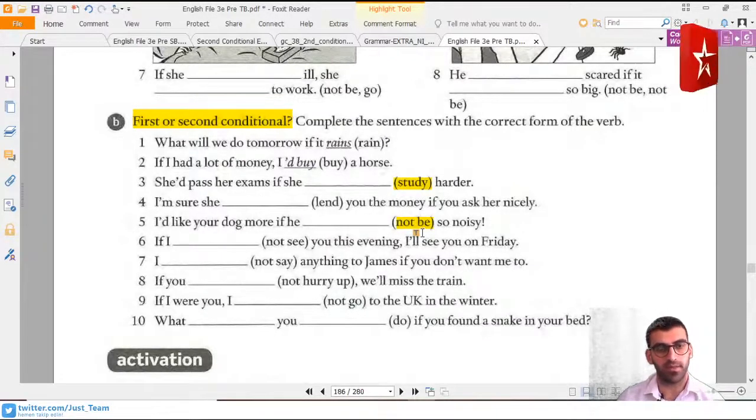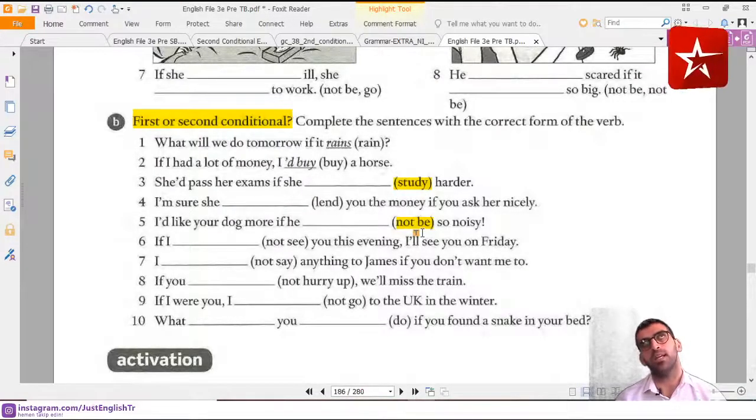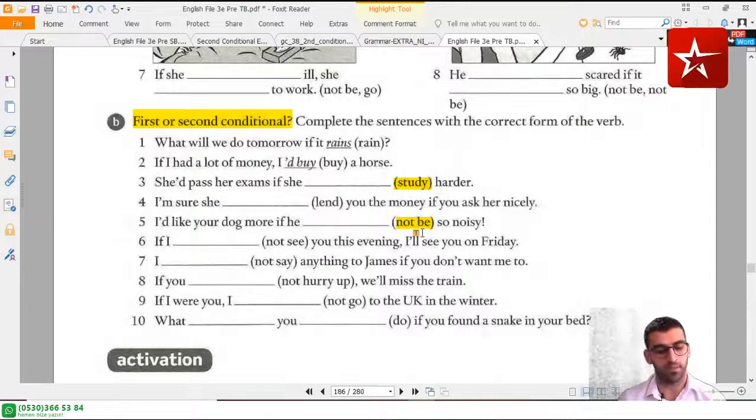And number 7, I blah blah blah anything to James if you don't want me to. In order to choose whether the sentence is first type or second type, we have to pay attention to if. After if it is the past simple, we have to change it to second conditional.